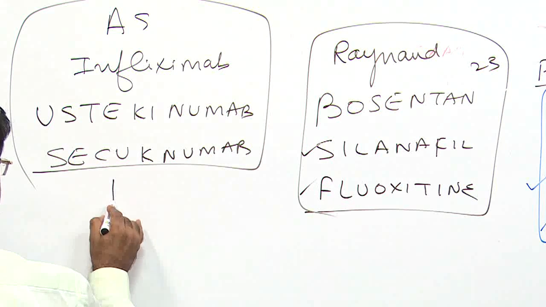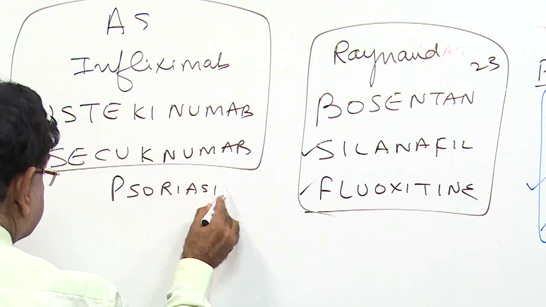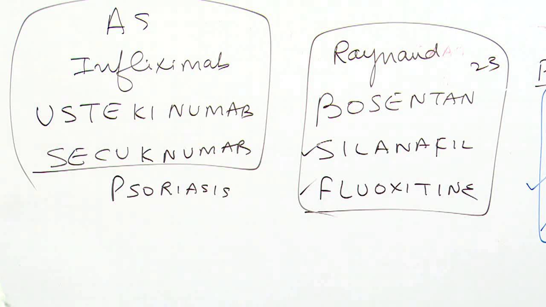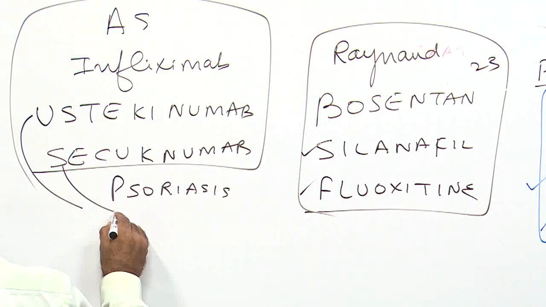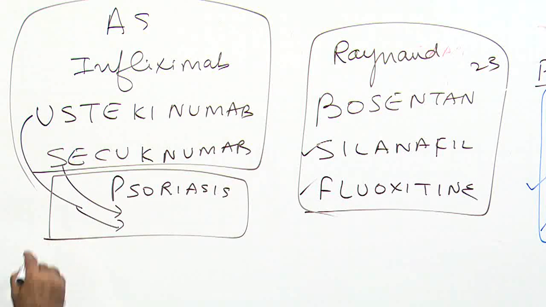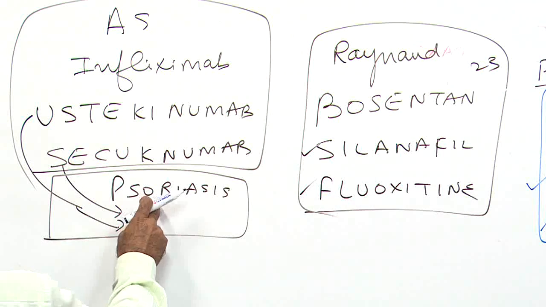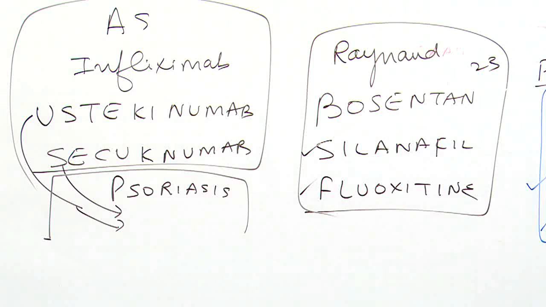And for psoriasis, these two drugs are approved for psoriasis also. That is, ustekinumab and secukinumab are approved for psoriasis also. But in psoriasis, there are two more drugs which have been approved.